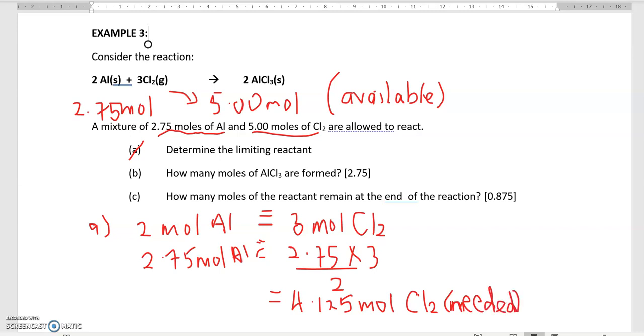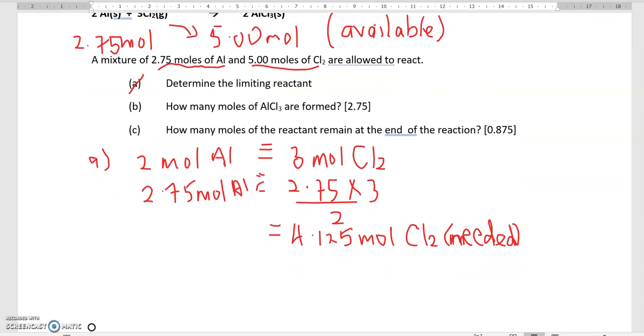And what should you do next? You must compare the needed and available mole. So therefore, the needed mole is smaller than available mole. So aluminium we can label as a limiting reactant.